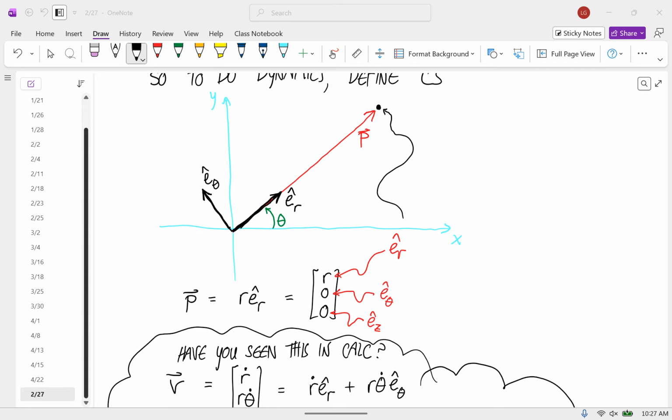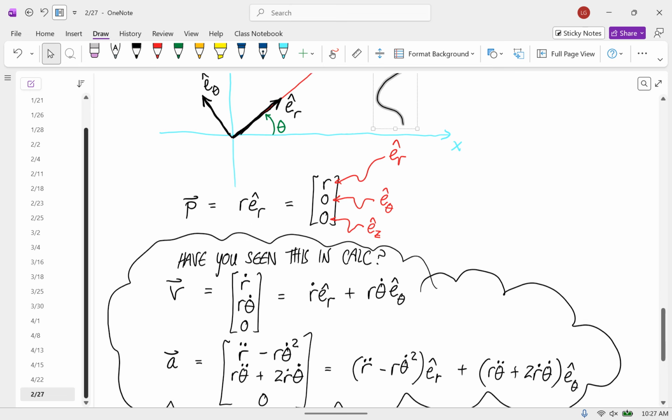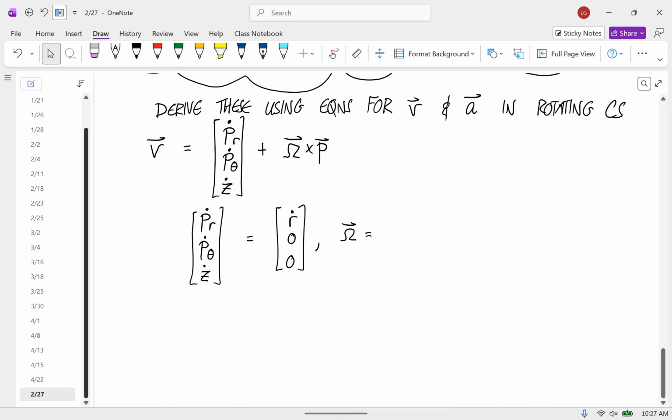I have it defined according to the right-hand rule as being in the direction of the positive z. So this is just equal to 0, 0, theta dot. And the position vector is what we had before, r, 0, 0.